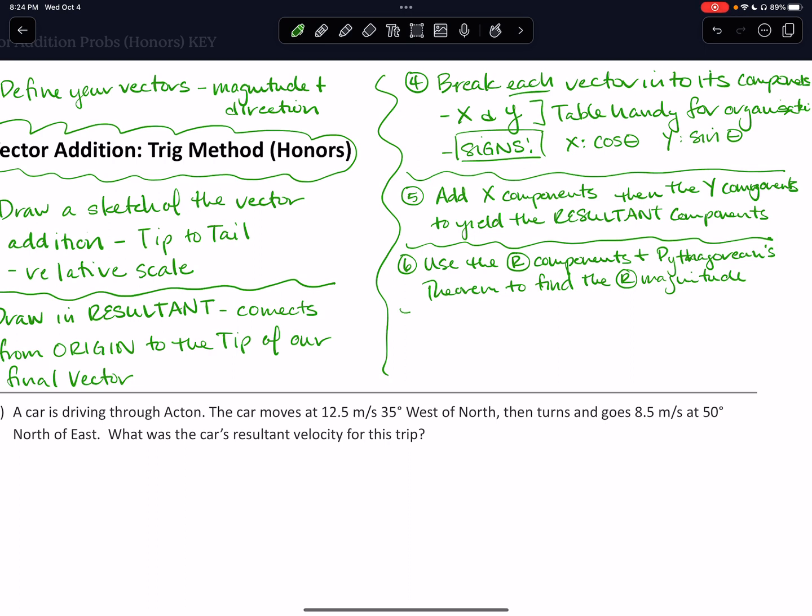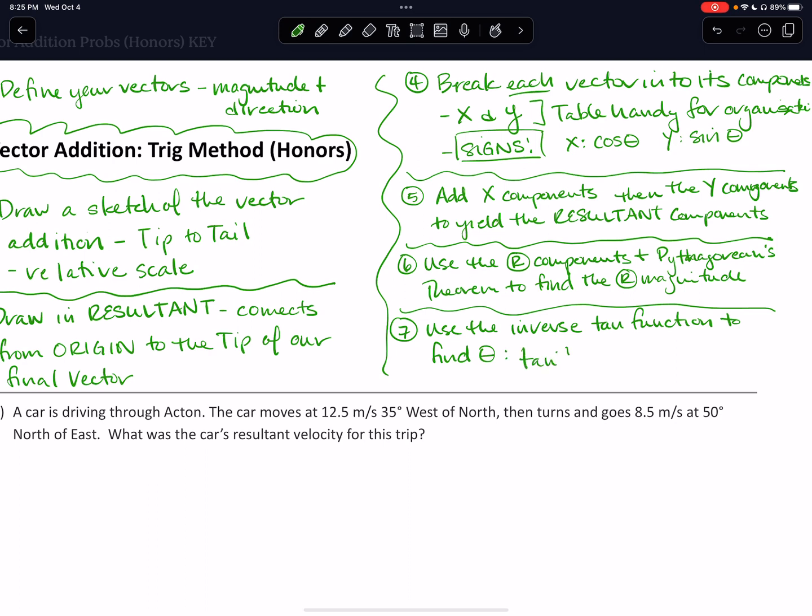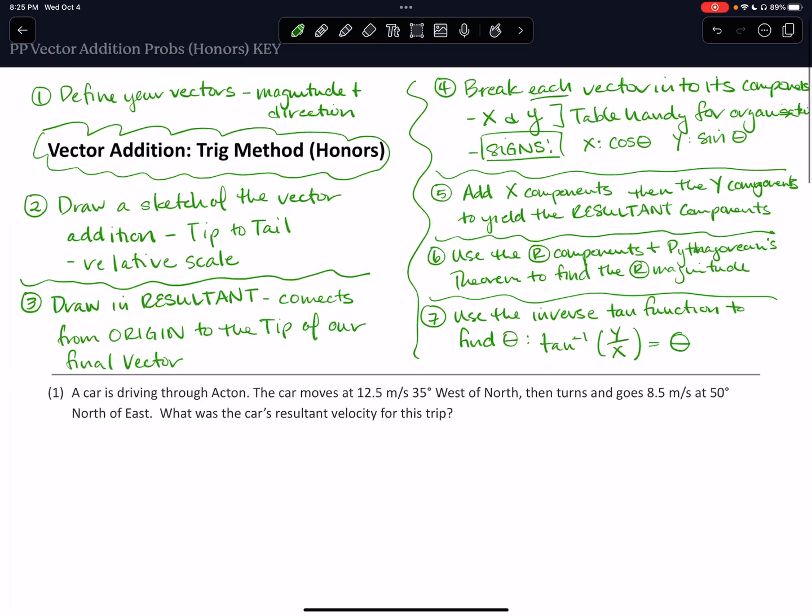And then finally, the last step is to use the inverse tangent function to find theta. Remember that inverse tangent looks at the y component divided by the x component, and that's going to give us theta. Okay, so again, several steps to work through.